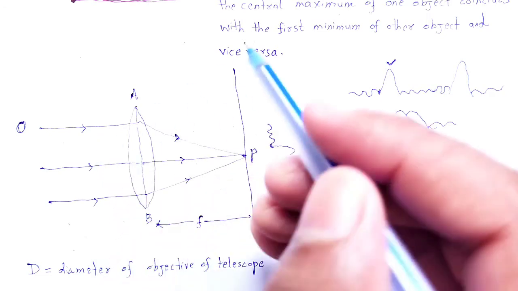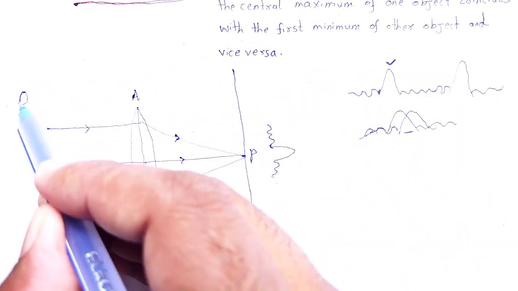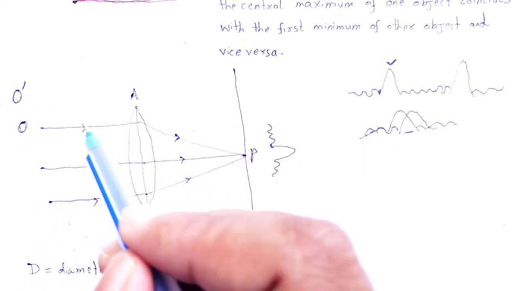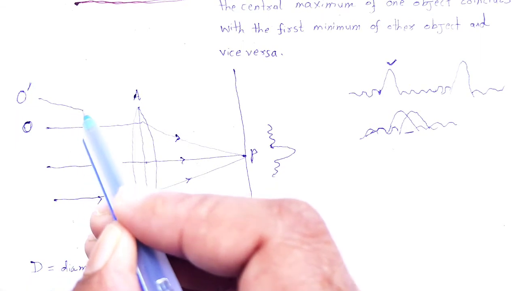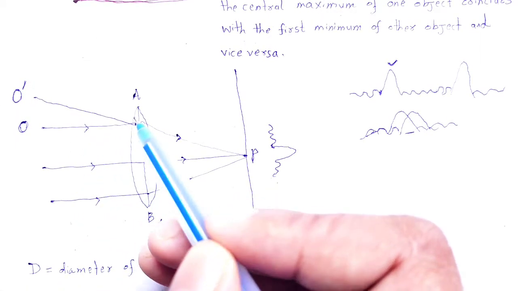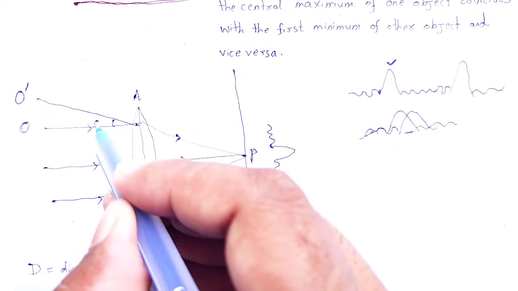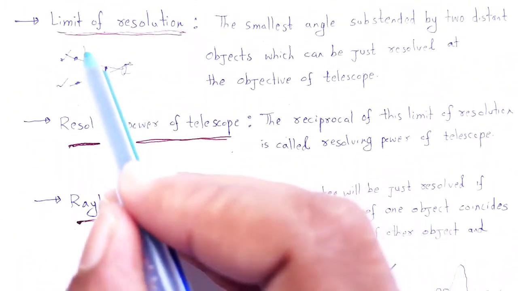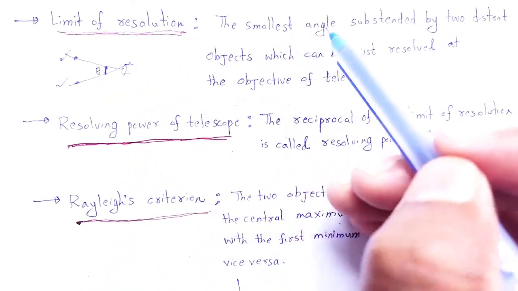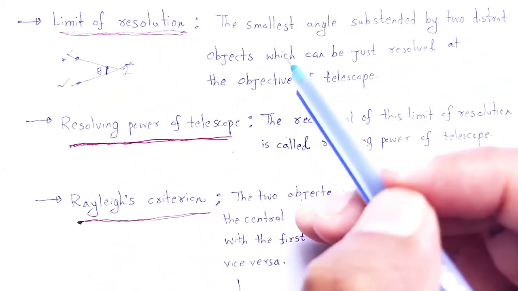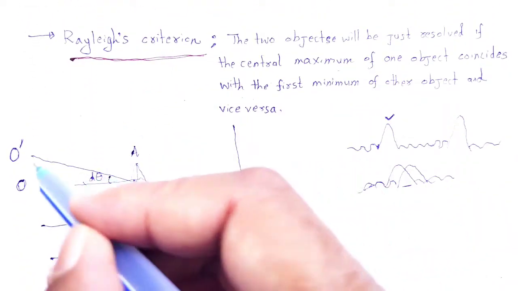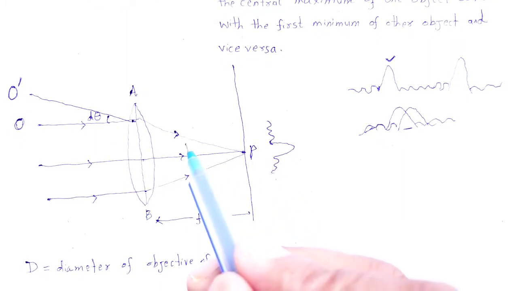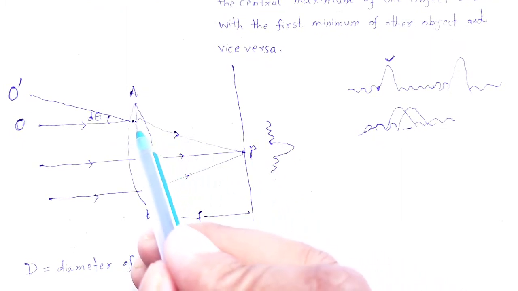Next, another object O dash, which is also at infinity. Due to that object, let the angle be d theta, which is basically known as the limit of resolution, meaning the smallest angle subtended by the two objects which can be just resolved.